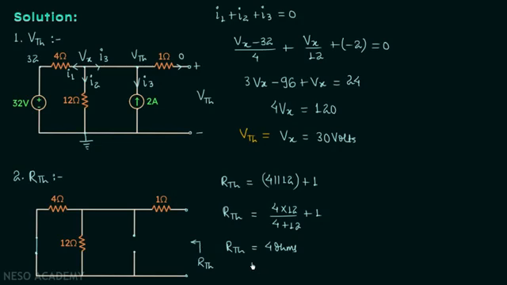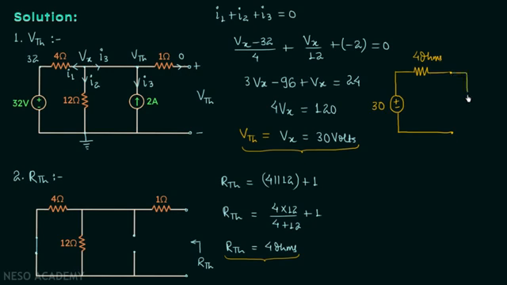So in this way we have calculated the Thevenin's equivalent resistance, and we already calculated the Thevenin's voltage, and therefore now we can have the Thevenin's equivalent circuit. The circuit will have the Thevenin's voltage, which is equal to 30 volts, connected in series with the Thevenin's resistance, which is 4 ohms, and we will have them connected to our load resistance.